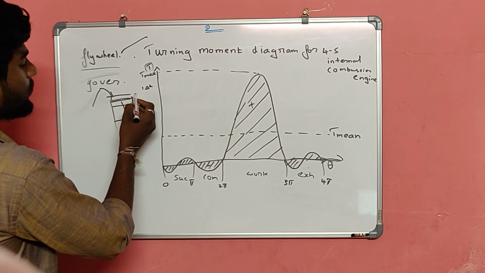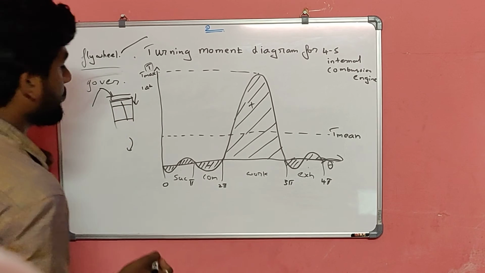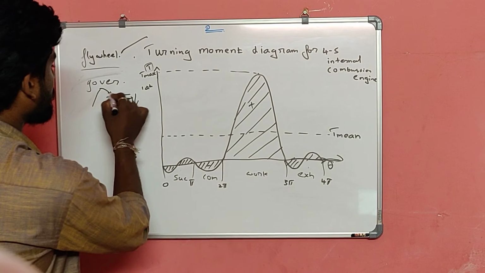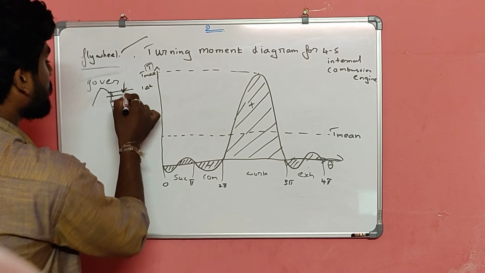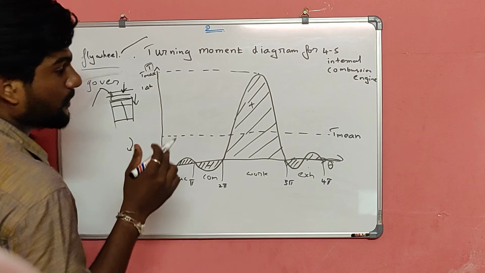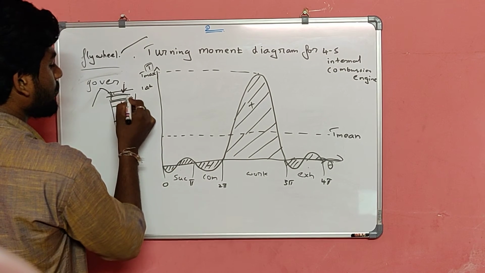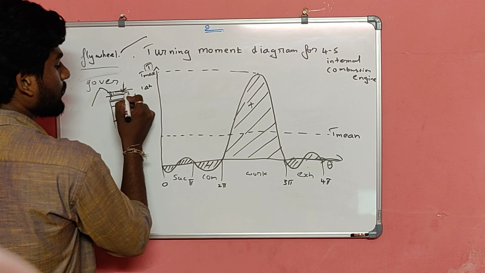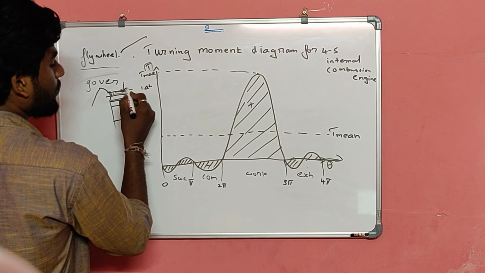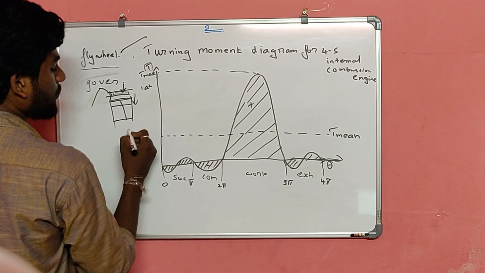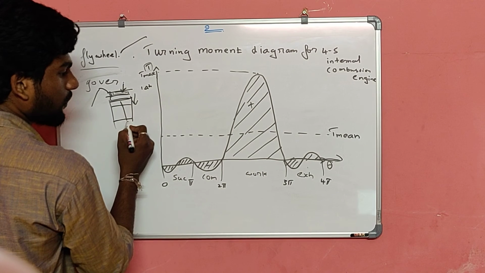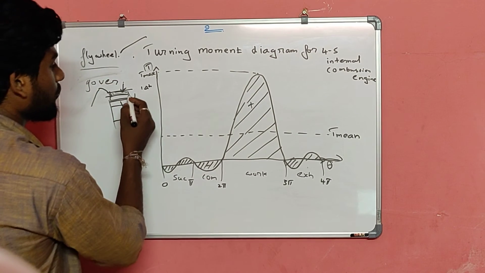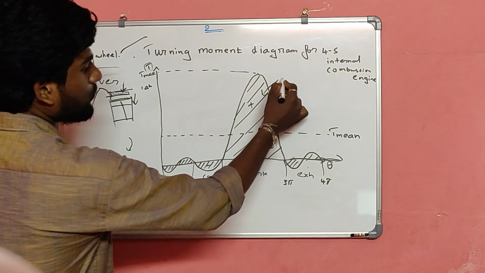Now in the return stroke, the expansion happens inside this small area, and there will be a lot of pressure and temperature inside here. So now the work is done on the piston, so that again the piston goes down with a lot of force exerted on it. That's why we are having a huge positive.